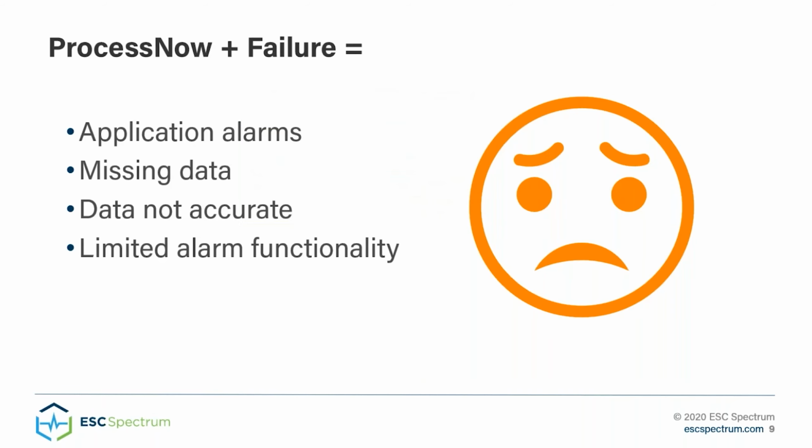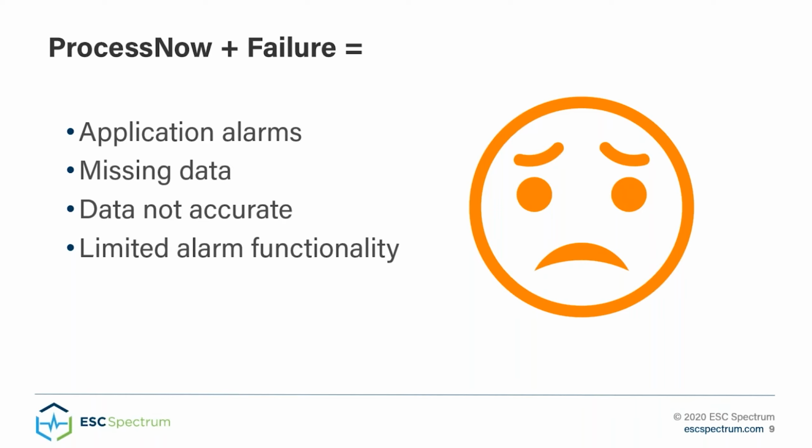So if there was an instance where Process Now was stuck or was erroring out or failing to run altogether, it can cause different types of headaches for you. If a Process Now sequence has 20 different tasks that it needs to run, but it fails on task 3, the problem is that when it fails on that task, it stops running Process Now and it doesn't get to the subsequent tasks, right?